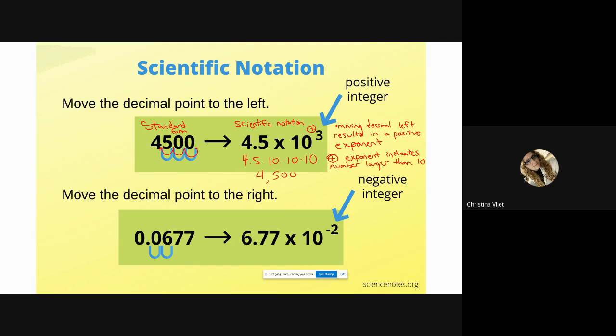Which means, what do you think a negative exponent means? Very small. A very small number. And so if we look at the bottom scenario where we move the decimal to the right to get our exponent. Notice if you move to the right, moving your decimal right, results in a negative exponent.